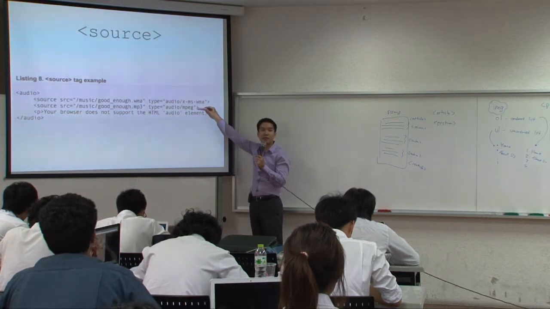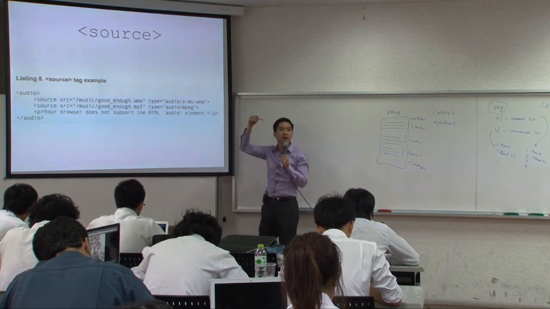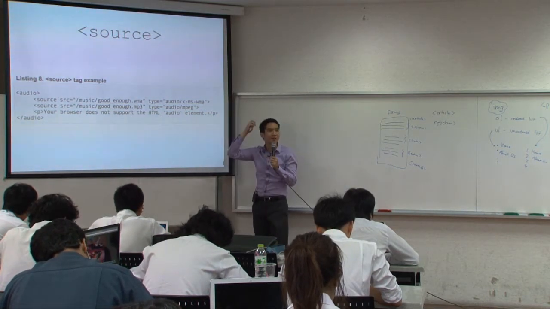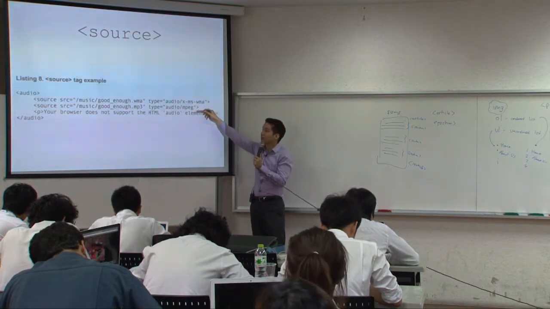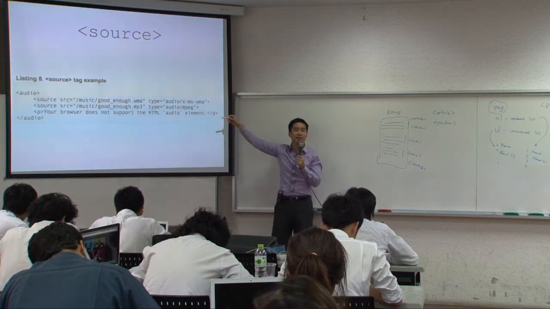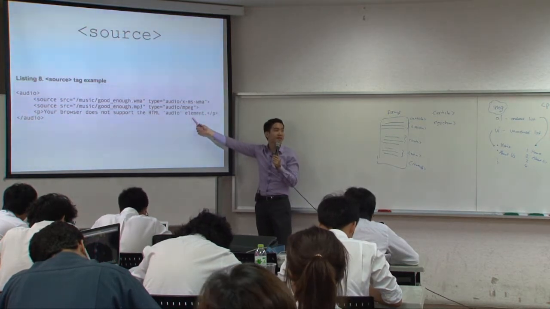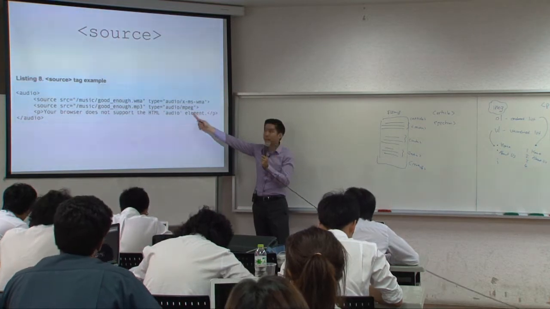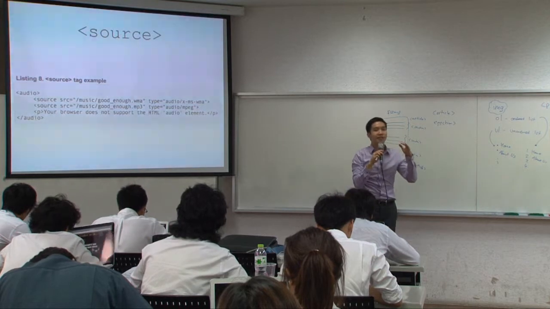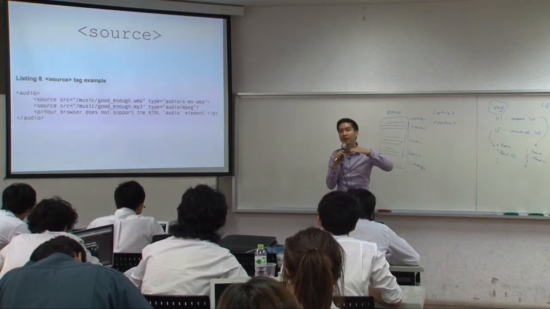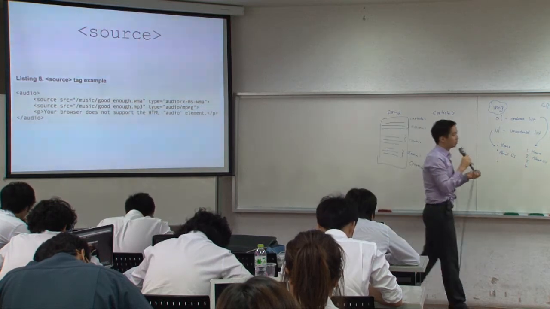It will try the MP3 file. Of course, if we're on OS X or any good OS, it should be able to play MP3. And then lastly, if both of these fail, it will simply display this text. So this is how the source works, essentially giving the browser different options of which file to play, the ones that it actually can play.